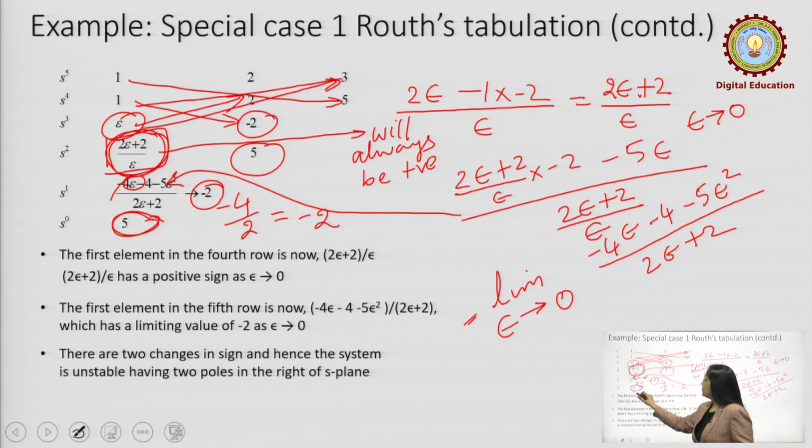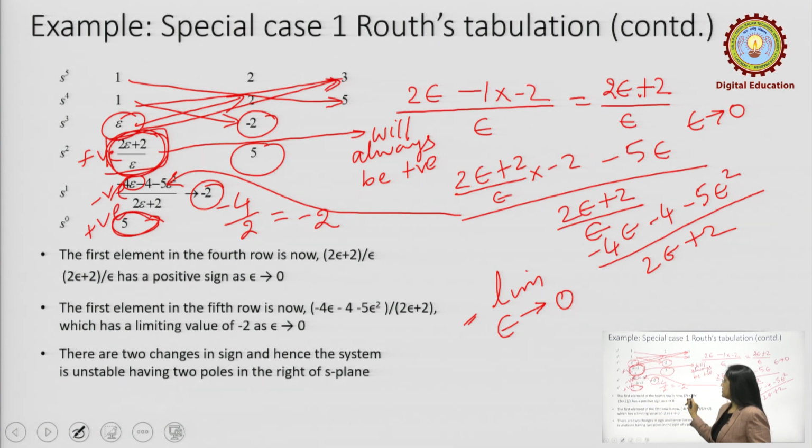So, this is a positive number. Now, this is minus 2 into 5 minus this upon minus 2. So, we get a positive number, since numerator and denominator both have a negative sign. So, there are two sign changes: this is positive, this is negative, and again this is positive.